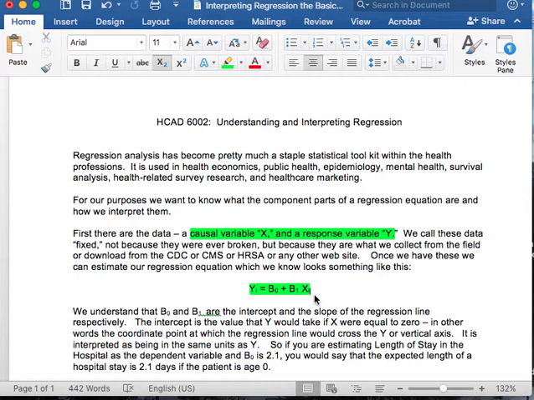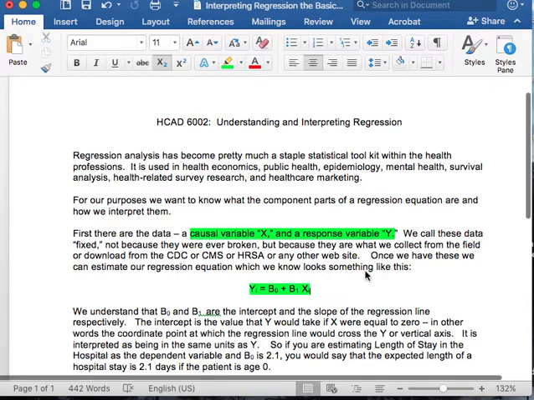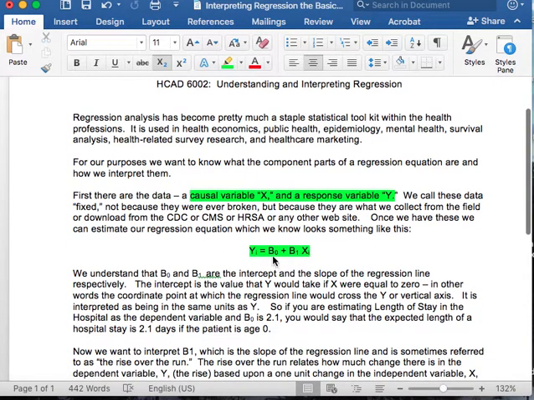So b1 is considered to be the slope, and b0 is the baseline, or the basis point for where y would start in the absence of any x at all. The intercept is simply the value that y would take if x were equal to 0. This is the point at which the regression line would cross the y-axis, or the response variable axis.